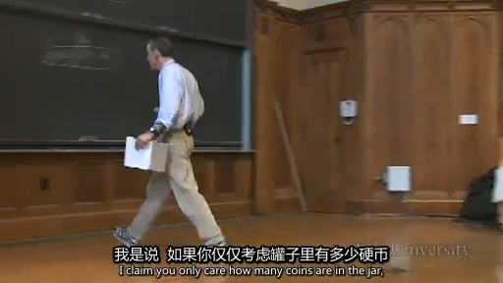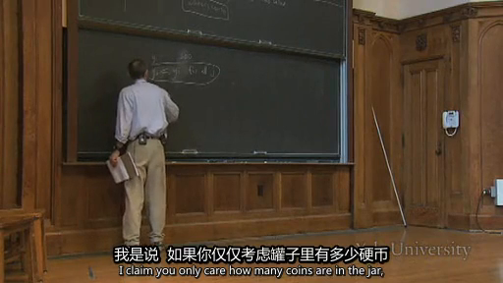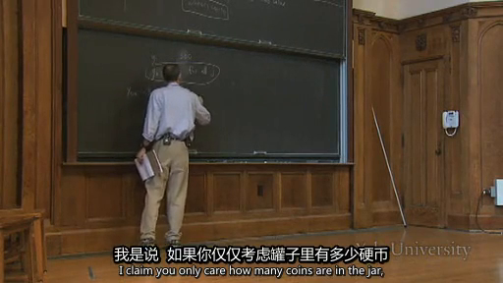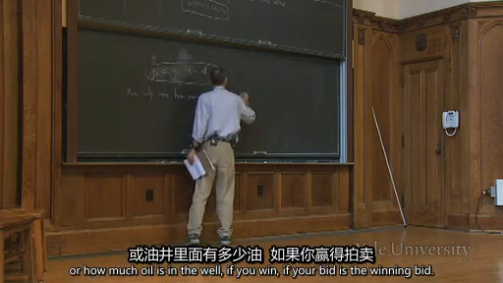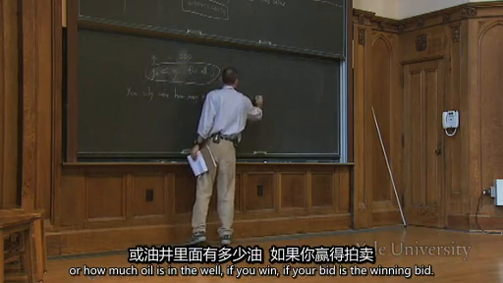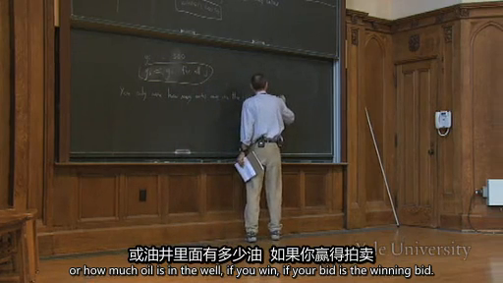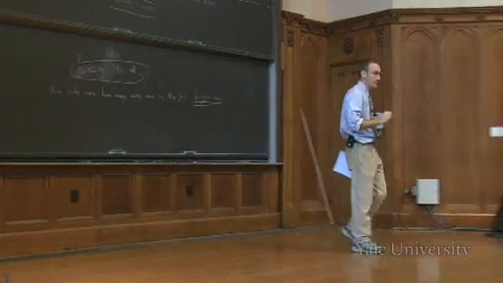I claim you only care how many coins are in the jar, or how much oil is in the well, if you win, if your bid is the winning bid.